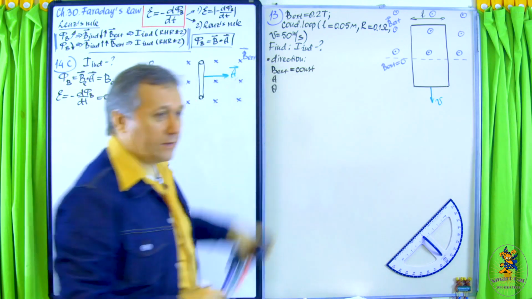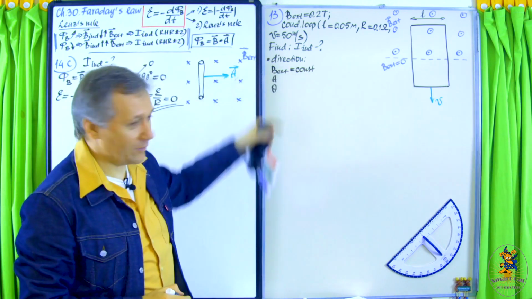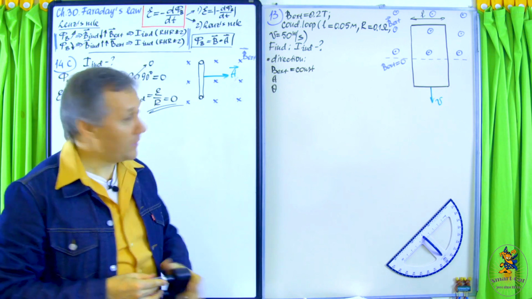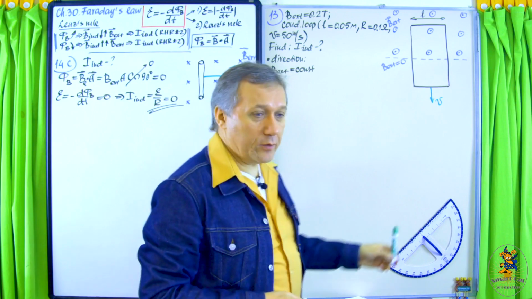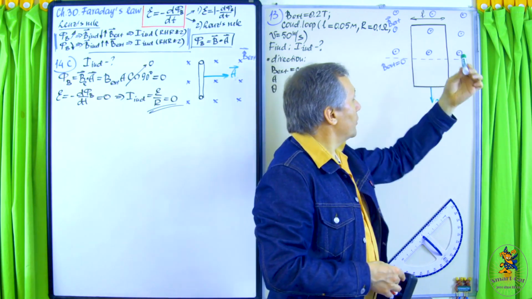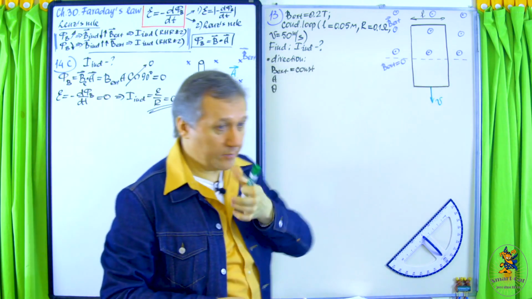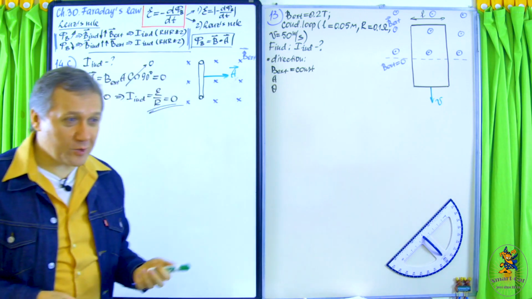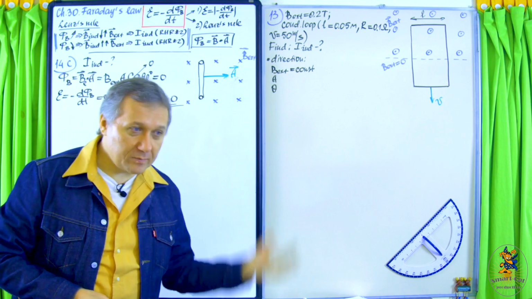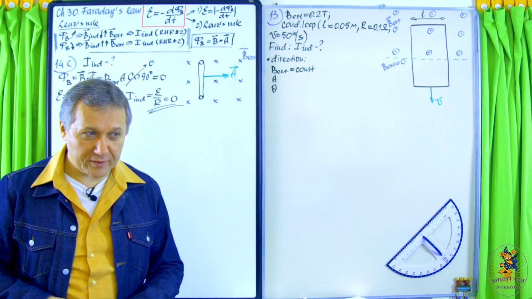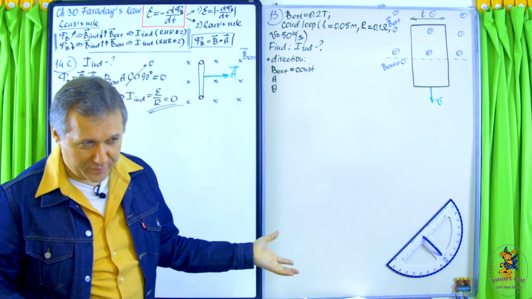Then angle. I skip area; I will talk about it last. Angle, again, it's up to you. You can align your area vector out of the board or into the board. But you remember I told you that I usually prefer to choose the direction of A the same as the direction of the external magnetic field to make that angle 0 all the time.